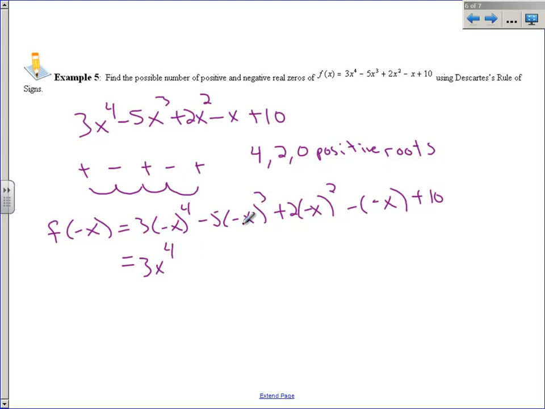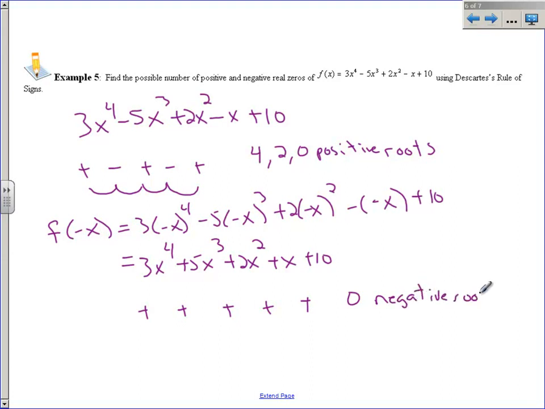A negative to the 3rd power makes that negative, so that turns this into 5x to the 3rd. And then plus 2x squared, and then plus x, and then plus 10. So once you've found f of negative x, let's look at our sign changes. Positive, positive, positive, positive, positive. F of negative x has no sign changes in it at all. That means there are 0 negative roots. That's going to be very helpful. In other words, you should not be trying any negative numbers with synthetic division because they won't work.